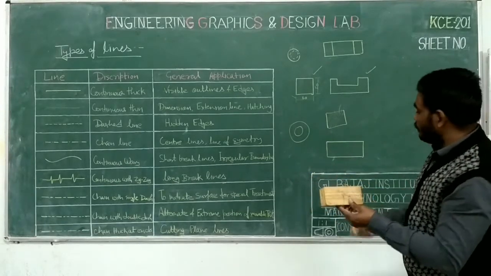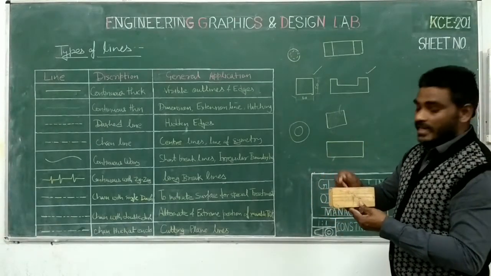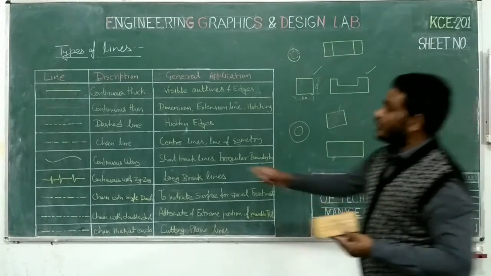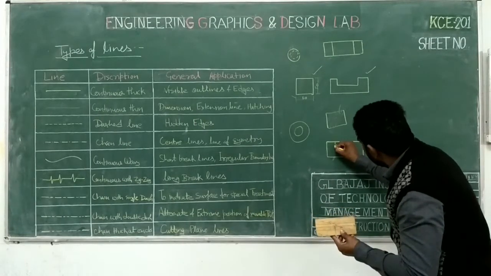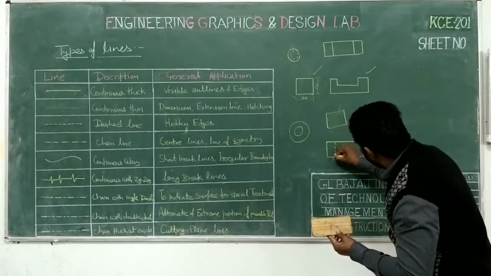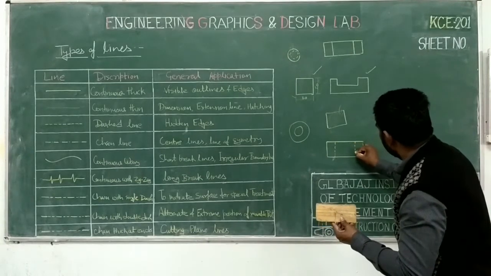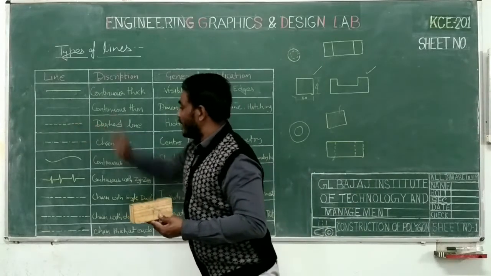In this case, because this is hidden, to draw the hidden edges we have to use dash line. So we will draw that hidden edge with the help of this dashed line. This is the purpose of this dash line.